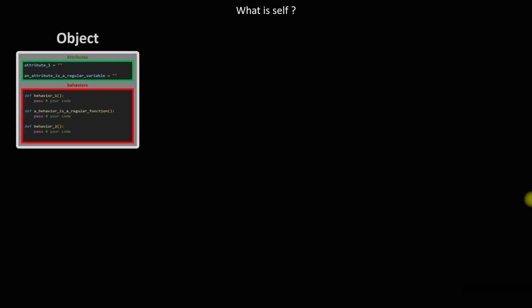What about from an object? What will happen if we want to run a behavior or function from an object? Let us say that we have created a variable that is called variable, and this variable contains an object.